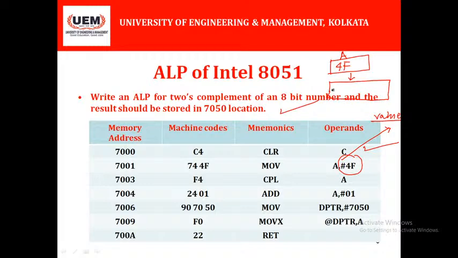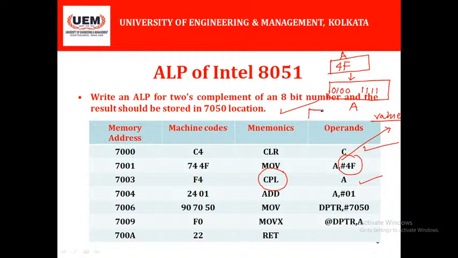So 4 is represented by 0100 and F is represented by 1111. That is how 4F is represented. Now this is the value of A. Whenever we perform the ones complement with the help of the CPL operation, naturally this will be complemented.